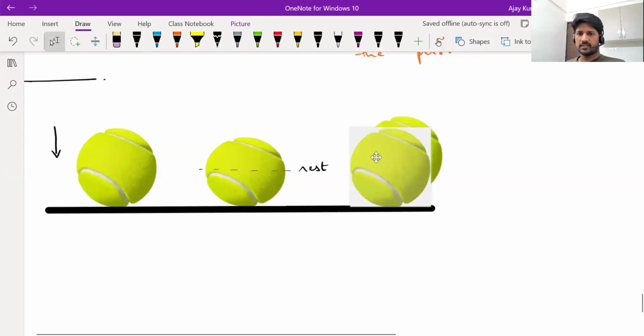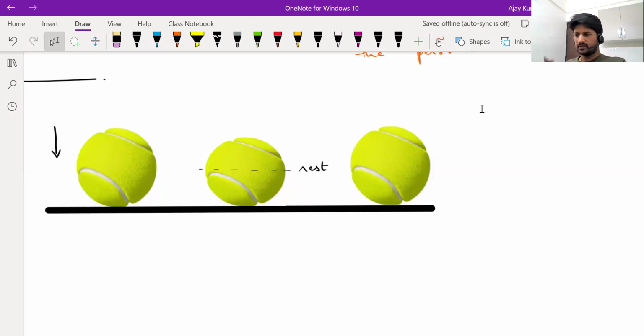By the time it completely loses contact with the ground, it would have returned to its original shape. So in this process of getting compressed and again relaxing to original shape, getting compressed means particles of the ball are moving. And during compression, internal forces do work on those moving particles.